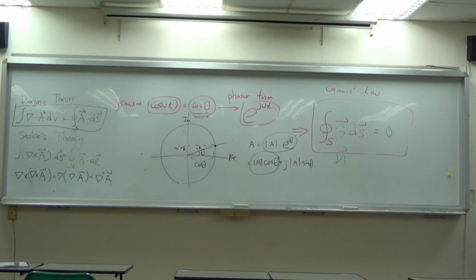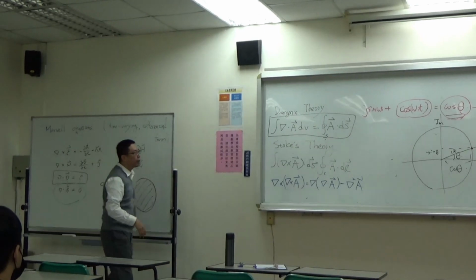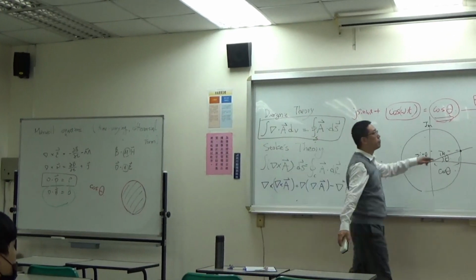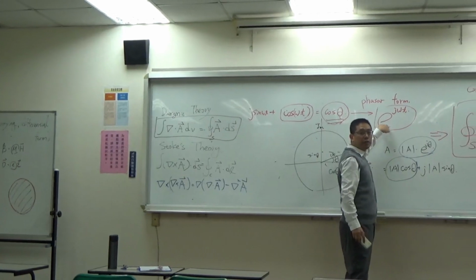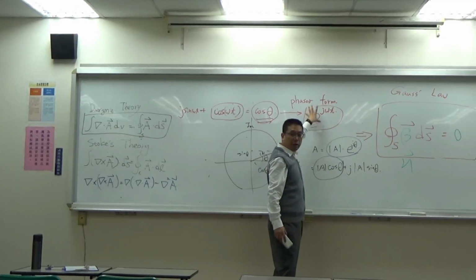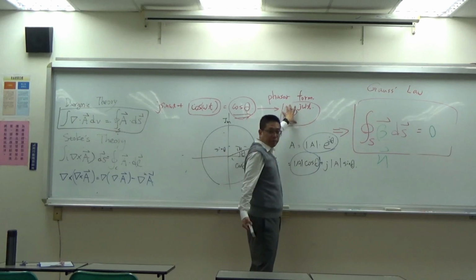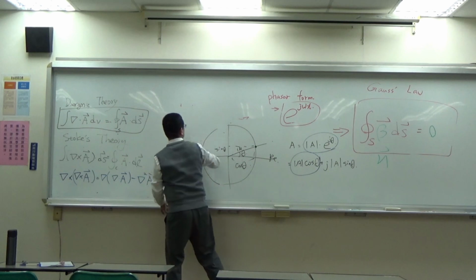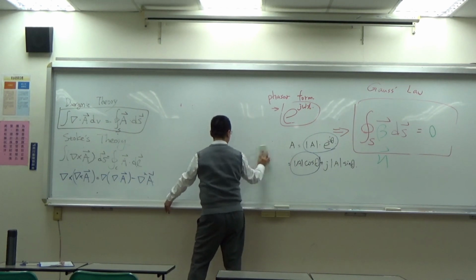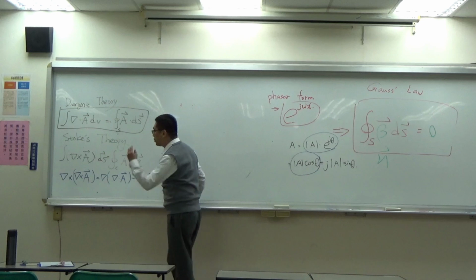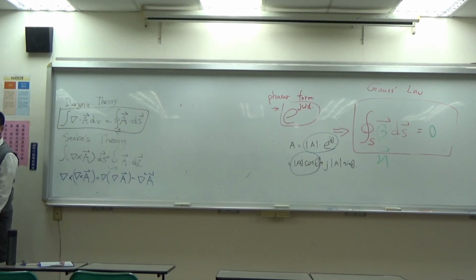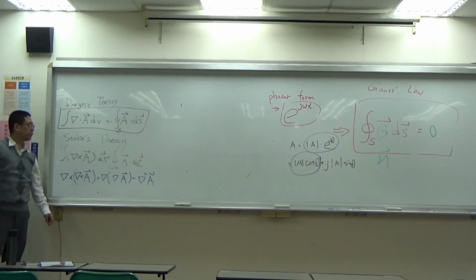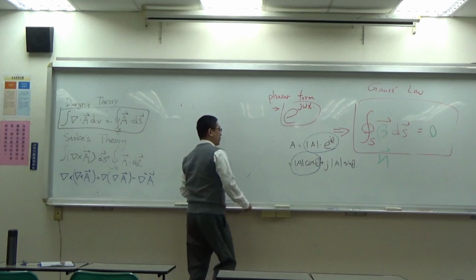So finally we can change our result, all of them, according to this information. Exponential j omega t is the only part we deal with the time. Let's simplify our original differential form Maxwell equations, from time varying to time harmonic.